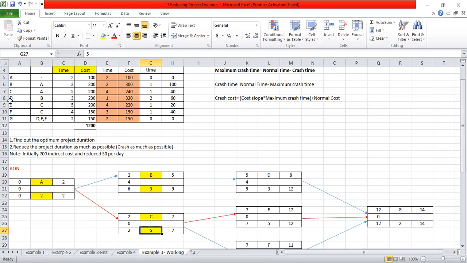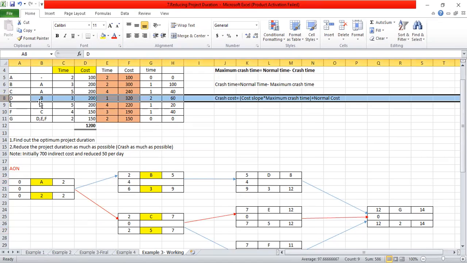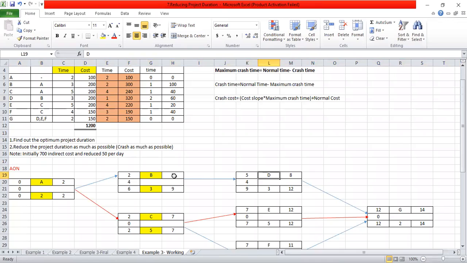For activity D, the predecessor is B. That means after completing activity B, you are able to start your activity D. For activity D, the time is 3, right.